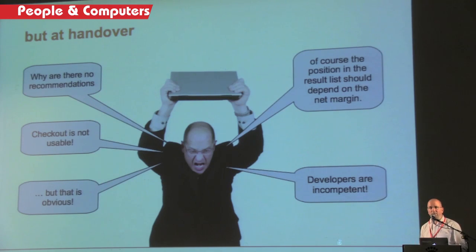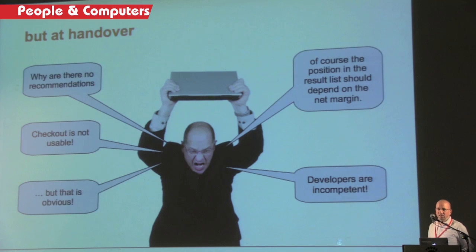They're also claiming that certain parts are there, but basically done the wrong way. So yes, certain products show up on the top of the result list after a search, but this is based maybe on user ratings and not on the net margin or stuff that the business cares about.